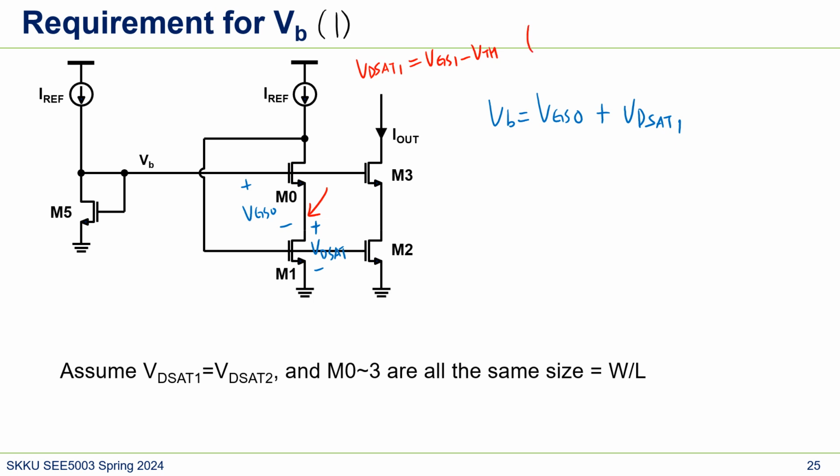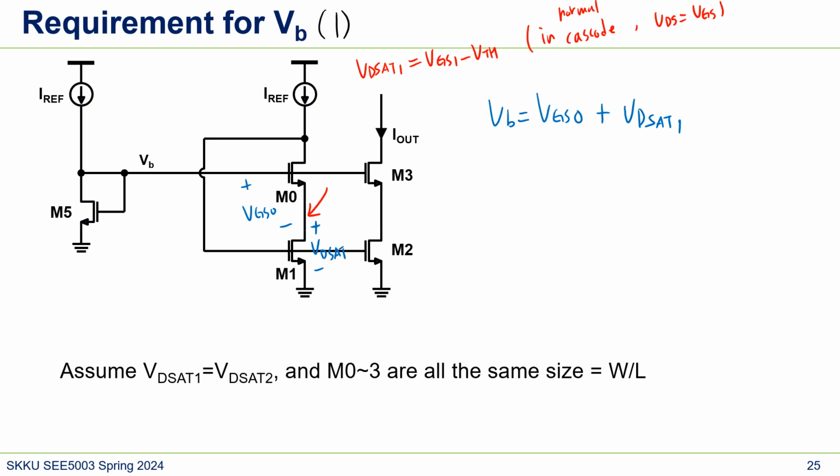In a normal cascode, VDS was VGS, and we don't want that, right? That's why we started all of this calculation: in a normal cascode, VDS was VGS, and we don't want it. We want to reduce that value, which is here.